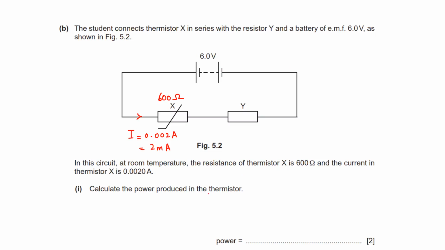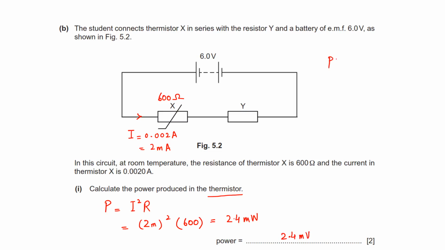Calculate the power produced by the thermistor. Remember, power is equal to I squared R. So the current, 2 milliamperes squared, multiplied by 600 ohms, comes out to be 2.4 milliwatts.